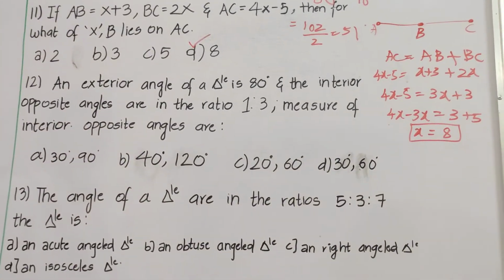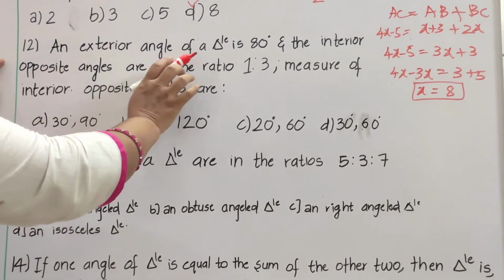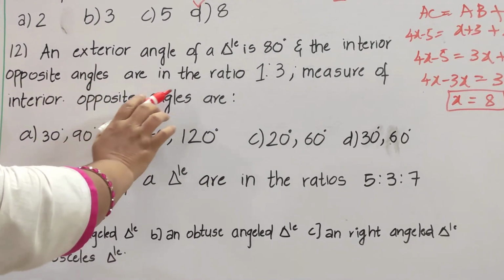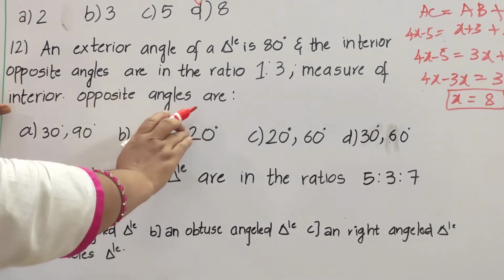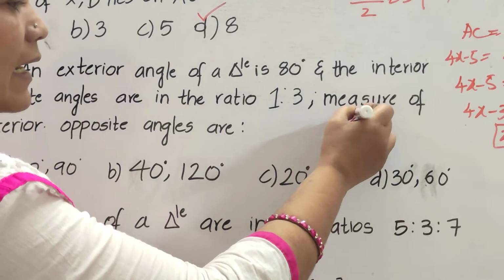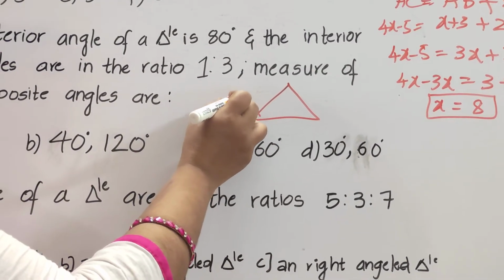You understood, children? Now let us come to question number 12. An exterior angle of a triangle is 80 degrees and the interior opposite angles are in the ratio 1:3. The measure of the interior opposite angles are? So let us see, in the triangle you have an exterior angle. This is 80 degrees, right?